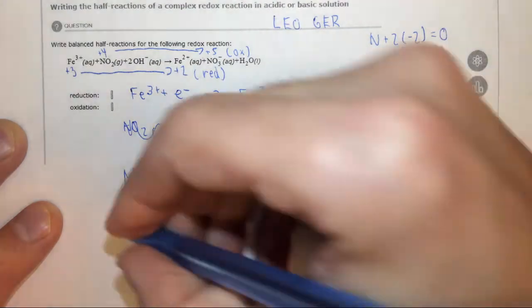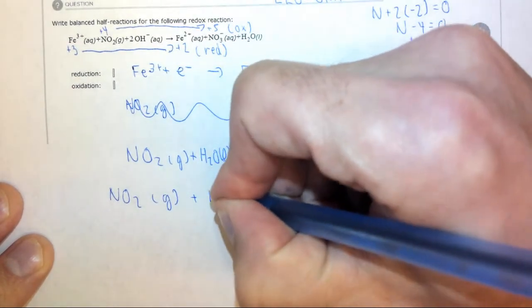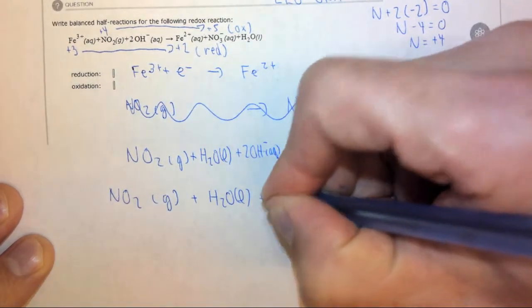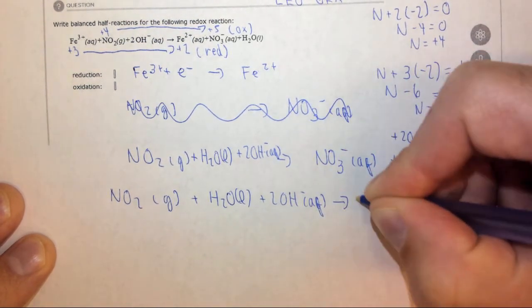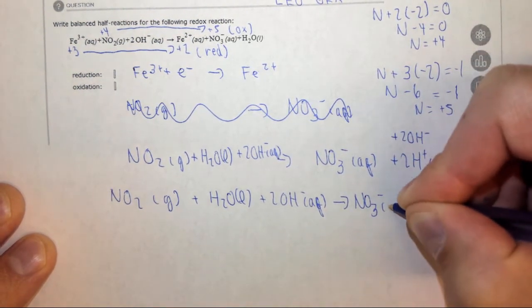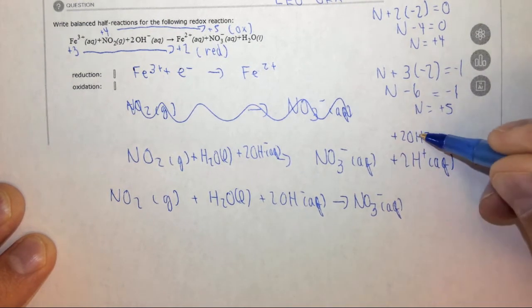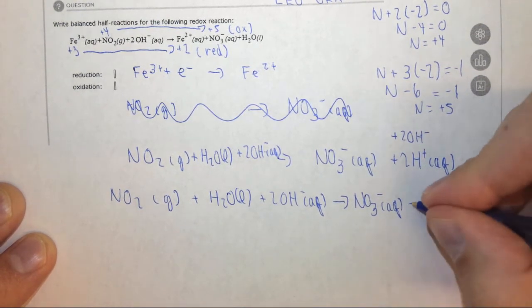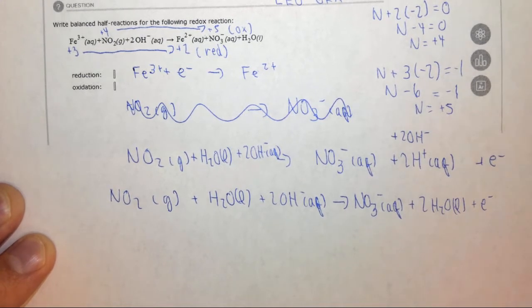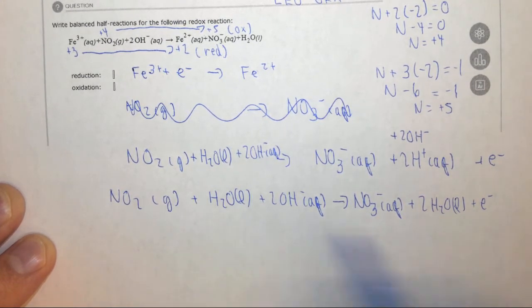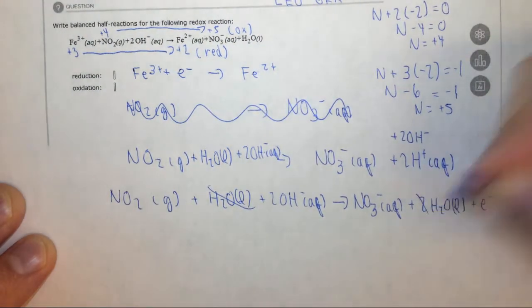So let's write this out one more time. We have NO2 gas plus H2O liquid plus 2OH minus aqueous yields NO3 minus aqueous. The 2 OHs and the 2 H pluses form 2 waters plus 2 H2O liquid plus an electron. There's 1 water on this side and 2 on this side, so we cancel those out.